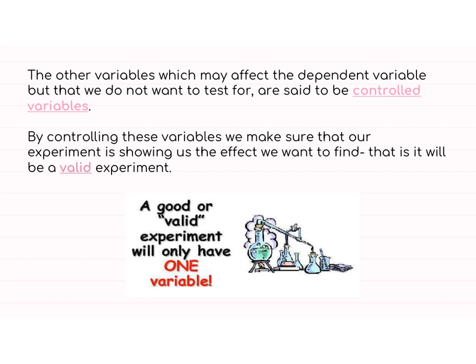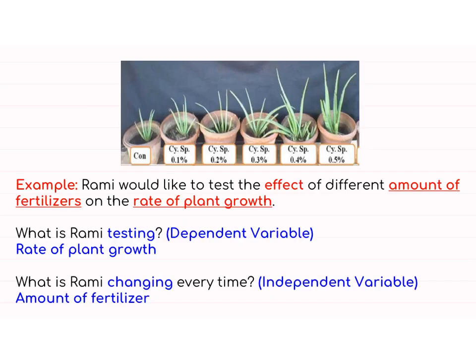By controlling these variables, we make sure that our experiment is showing us the effect we want to find. So by controlling these variables, which we name the controlled variables, we are making sure that our experiment is a valid experiment. Believe me, you will find it very easy to identify the dependent variable and the independent variable when we start with the examples. Let's start with the first example then.